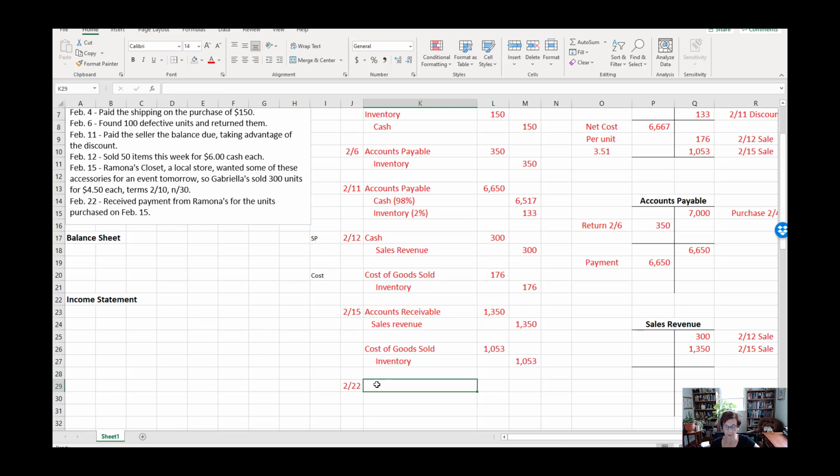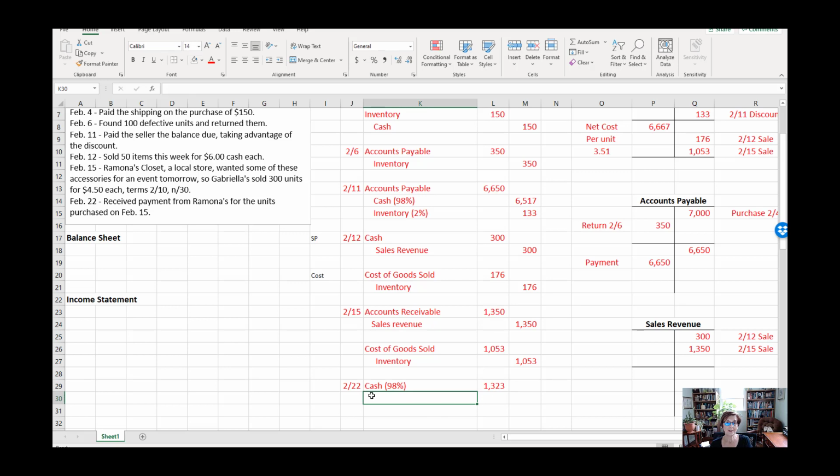So how much is Ramona going to pay us in cash? They're going to pay us only 98% of what they owe us, because that's the deal, right? So they're going to pay us 0.98 times the amount they owe us. So we're going to get cash of $13.23.